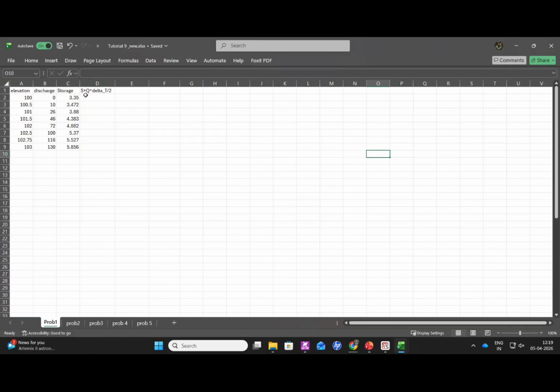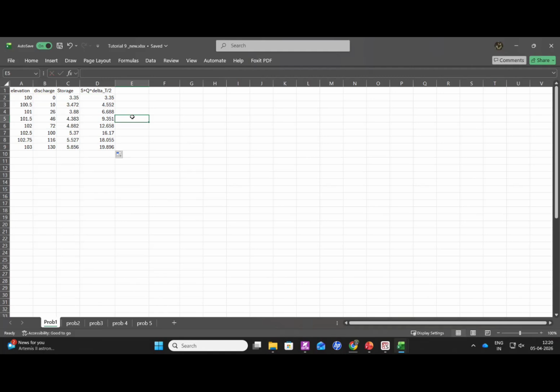So what we need to do is compute S, which is the storage, plus Q, which is discharge, into delta T. Delta T we computed as 0.216, so we need to divide this by 2. So this is your first value, 3.35, and drag it down.